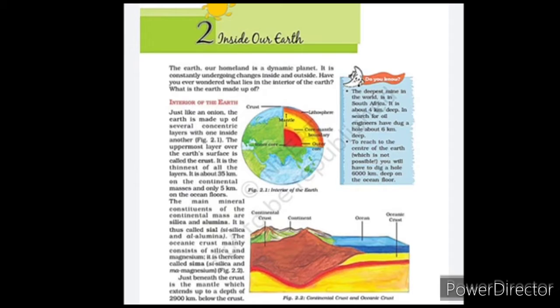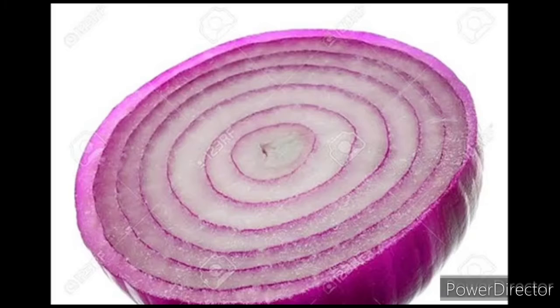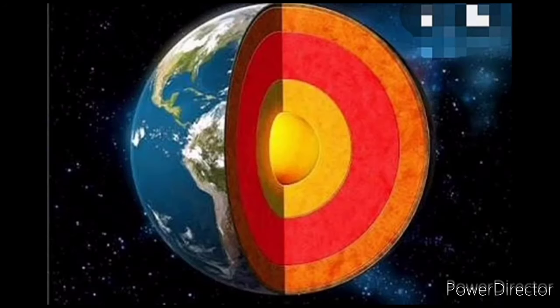Now we will start with a kind of comparative study. If you have ever worked around with peeling an onion, then you will see there are concentric rings. Similar to the structure of an onion, you have the interior structure of the earth.